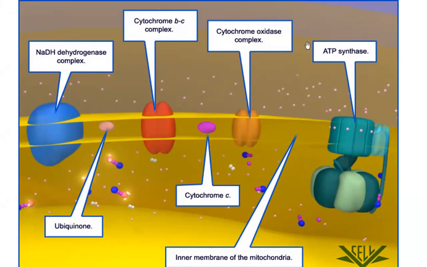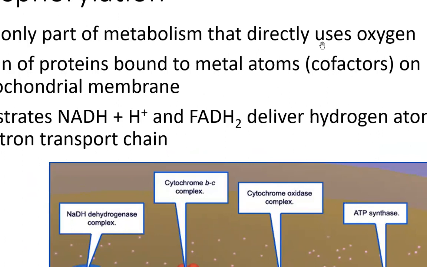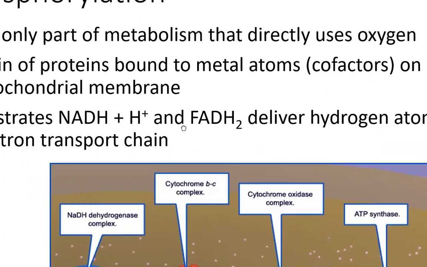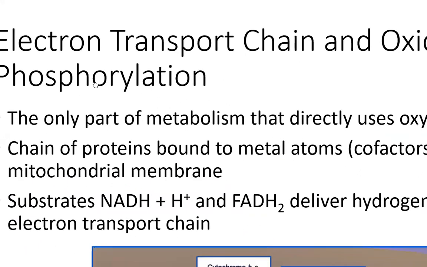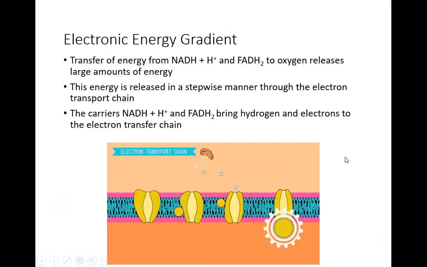Now, what will happen is that in the electron transport chain, we will bring hydrogens and electrons to enzyme 1.